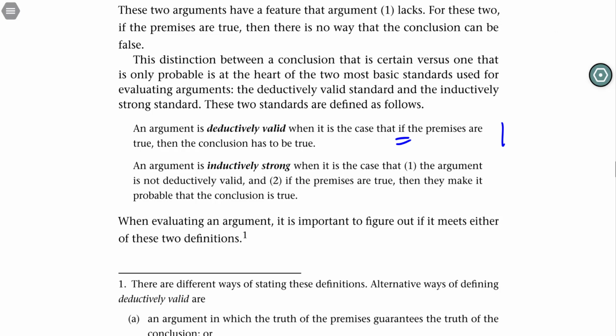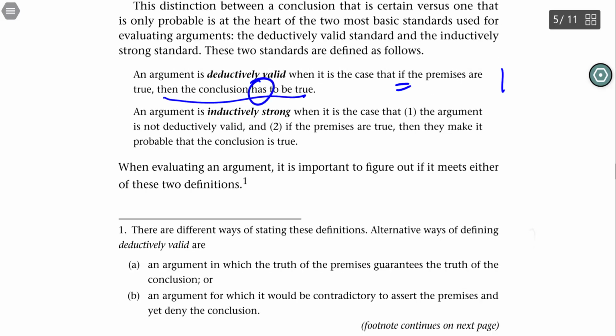We're not worried about whether or not the premises are in fact true. We're just interested in if they are true, then what does that mean for the conclusion? For an argument to be deductively valid, it has to be the case that if they're true, then the conclusion has to be true.